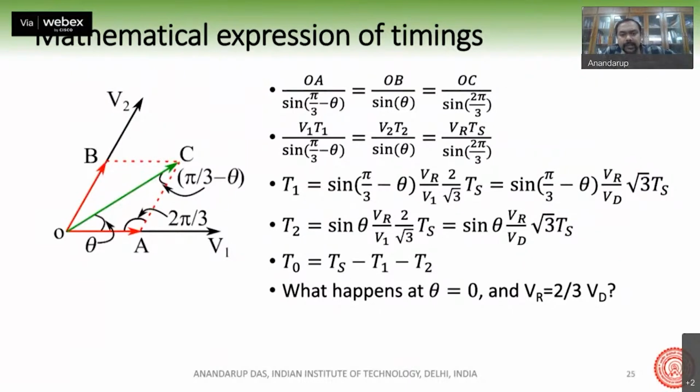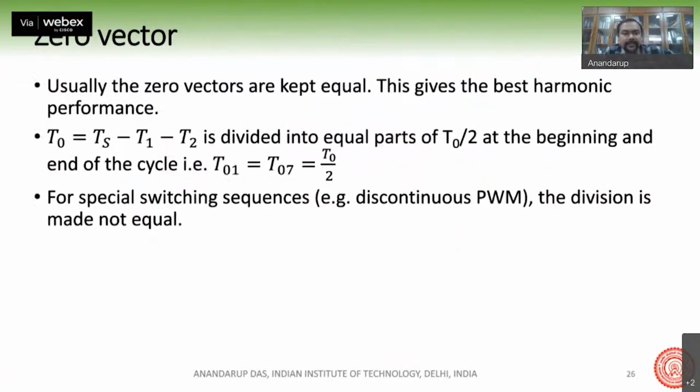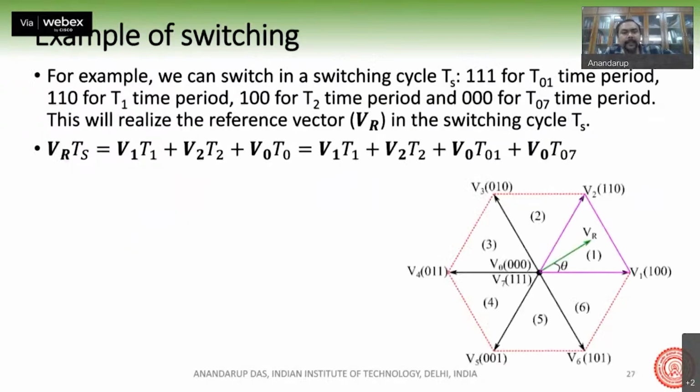Basically, in space vector PWM, we make the 2 zero vectors equal at the beginning and at the end of the cycle. Okay, so you can have one set of switching, like you can go from switching 0 0 0 to 1 0 0, 1 1 0 and 1 1 1, or you can go from 1 1 1 to 1 1 0, 1 0 0 and 0 0 0, something like this.